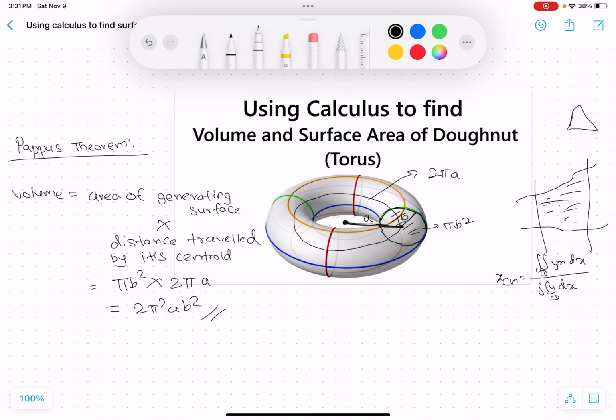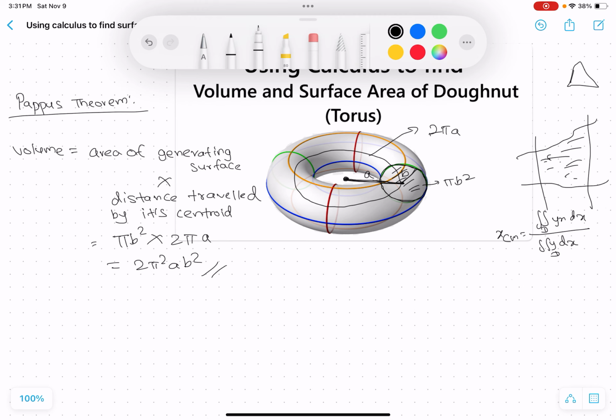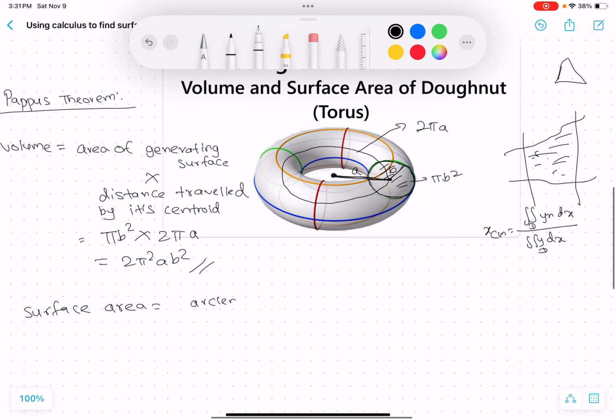And the surface area is also somewhat similar. Just the circumference, or let's say the arc length of the generating figure times the distance traveled by its center, again the distance traveled by the center of the generating arc length.